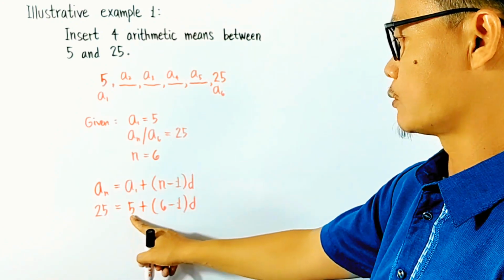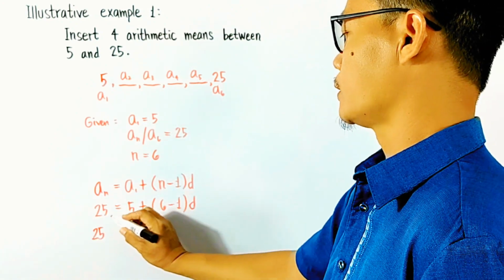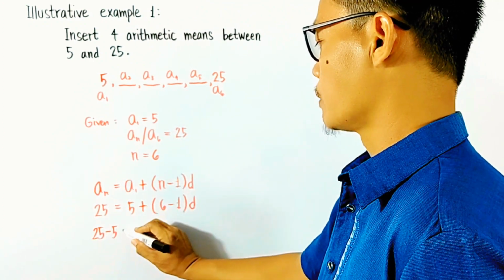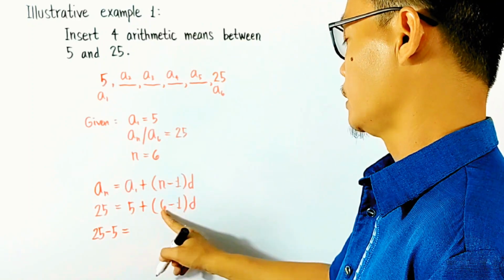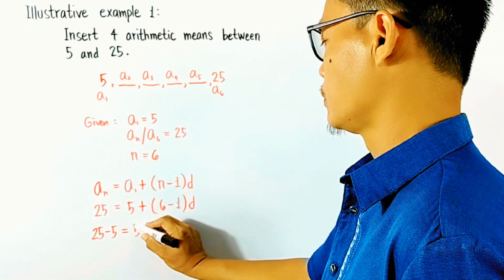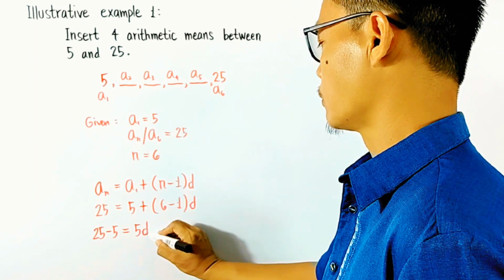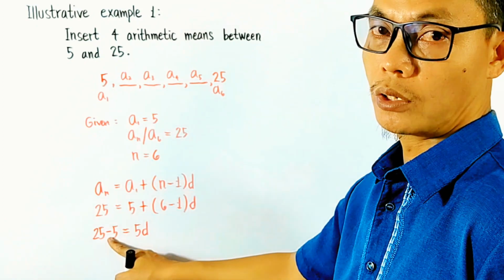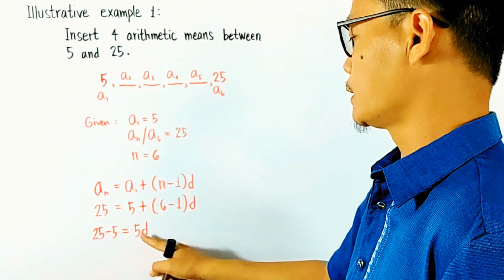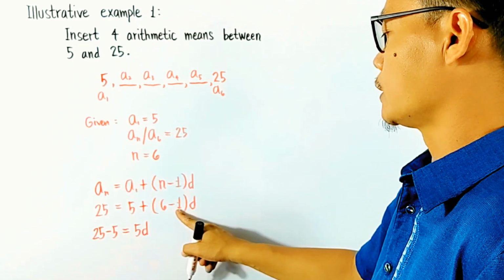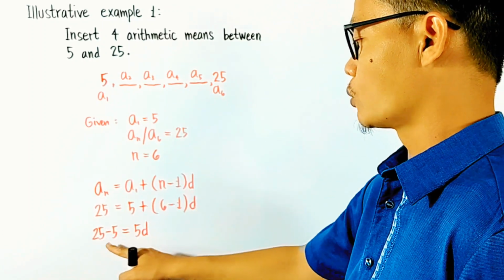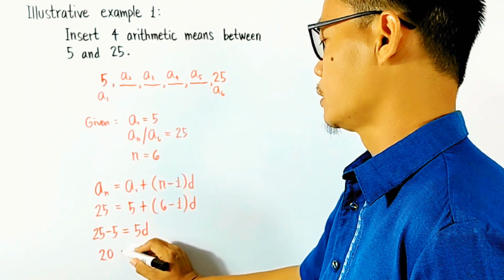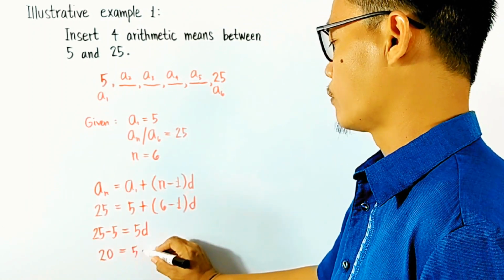But before that, we need to transfer this 5 to the other side as a common term, so positive 5 becomes minus 5. The remaining value on the right side is 6 minus 1, which is 5, times d, so it becomes 5d. So 25 minus 5 becomes 20, equal to 5d.